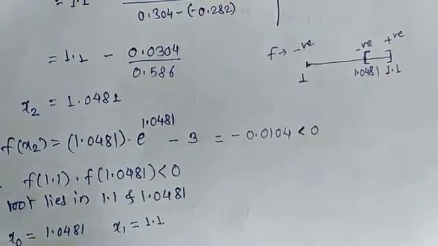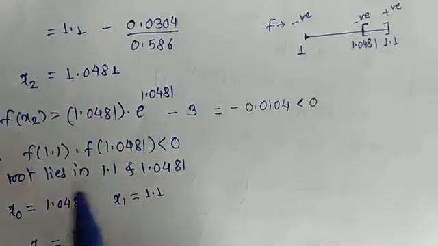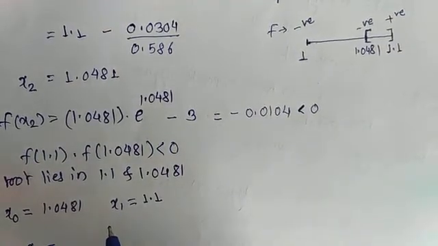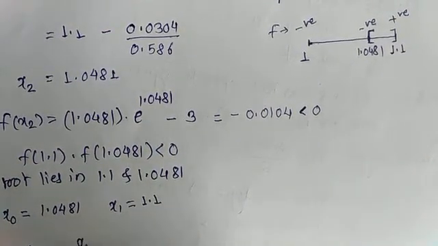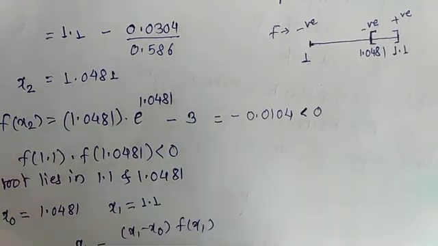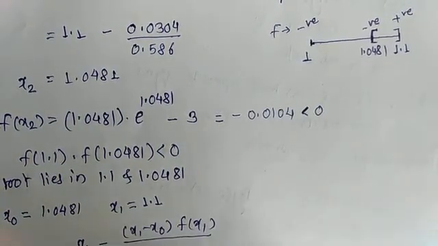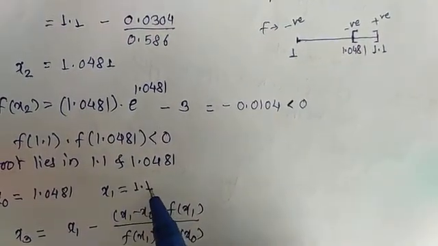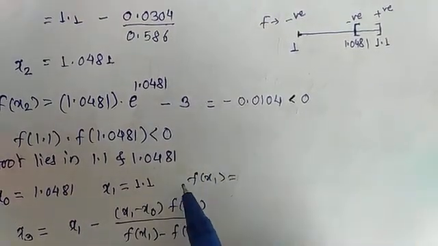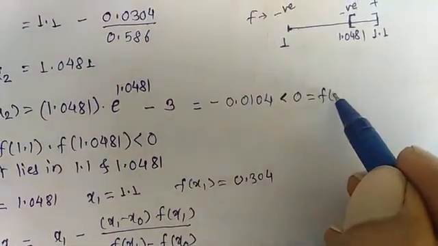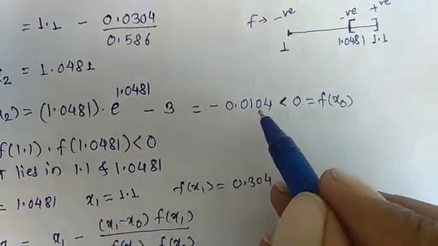So our next iteration is x3, which we will find, because here we found x2. We will take the same formula as above: x3 is equal to x1 minus (x1 minus x naught) into f of x1, divided by f of x1 minus f of x naught. Okay, and here you must write the value of f of x1, because we have calculated above, f of 1.1 is 0.304, and the value of f of x naught is minus 0.0104.